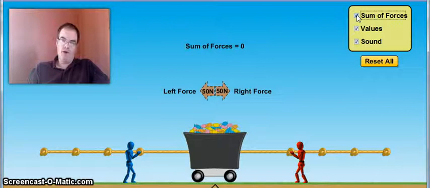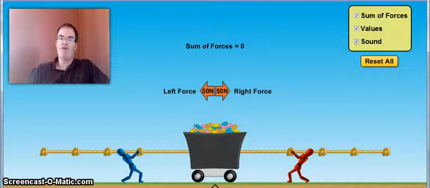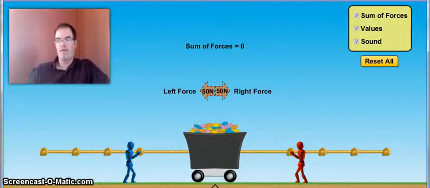And as you saw, the cart does not move when we allow these people to pull against each other. A net force of 0 means we have a static equilibrium and the cart does not move.